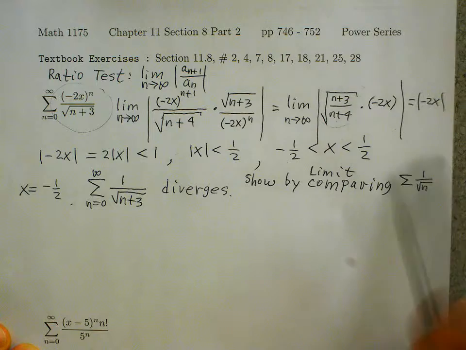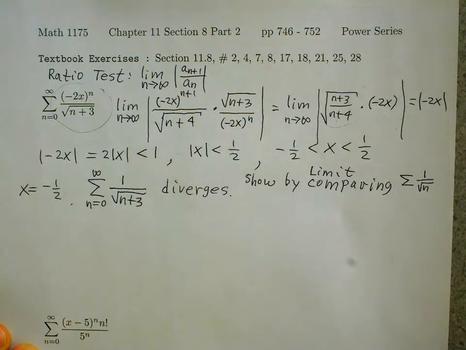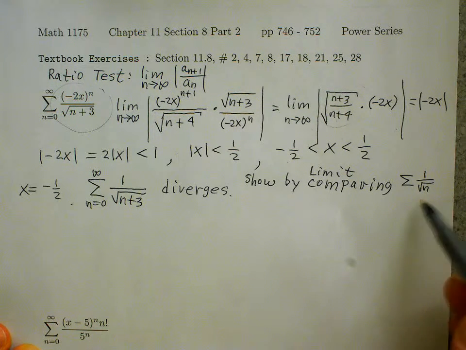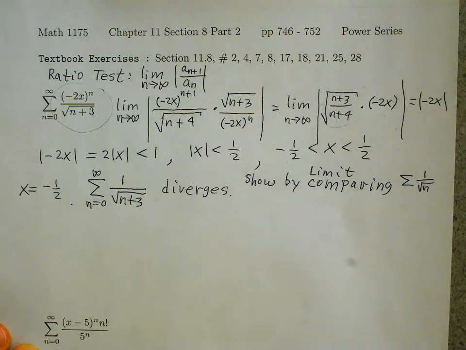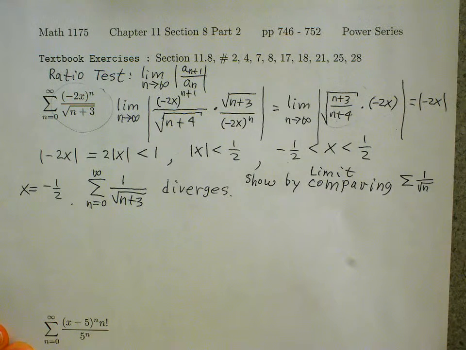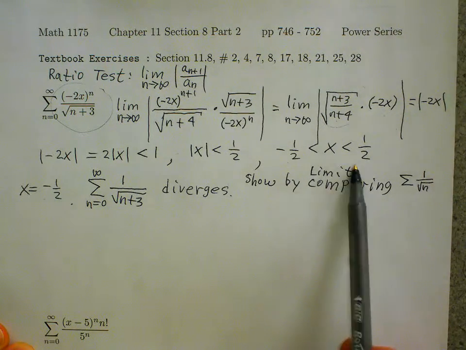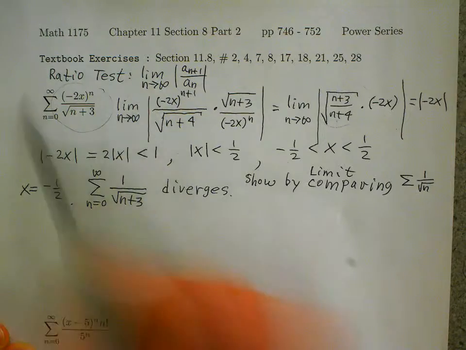So 1 over the square root of n is a p series. This is like 1 over n to the 1/2. The value of p is 1/2, so this series diverges. So we're going to exclude negative 1/2 from the interval of convergence.